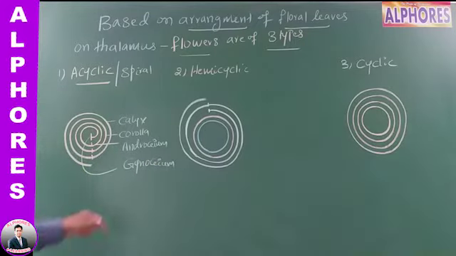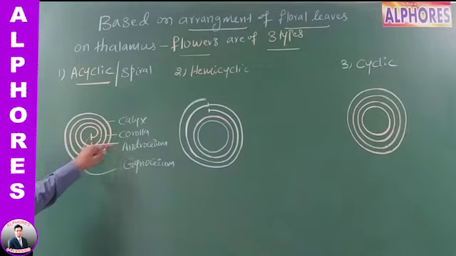Now see this diagram. In this diagram, how are the calyx, corolla, androecium and gynoecium arranged?